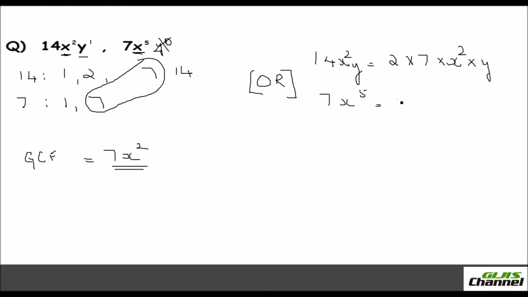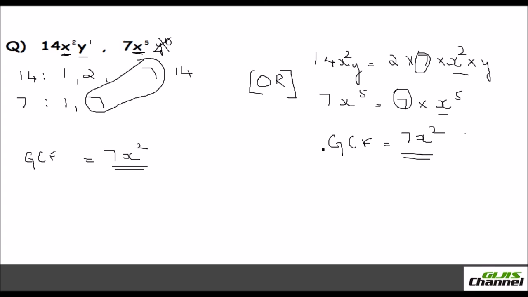So this is 7 times x raised to 5. I told you to select the common terms. So your GCF is 7, and the least power for the x terms, that is x squared. y is not common, so you can just leave out the y. So this is your GCF.